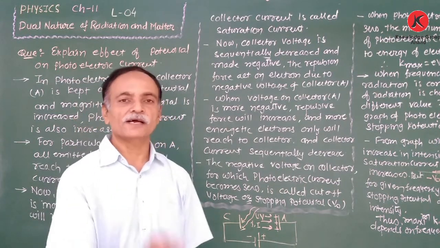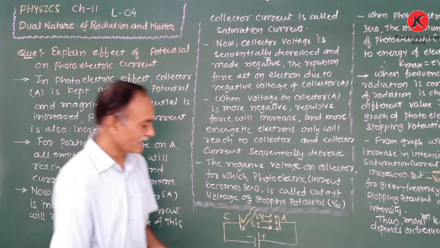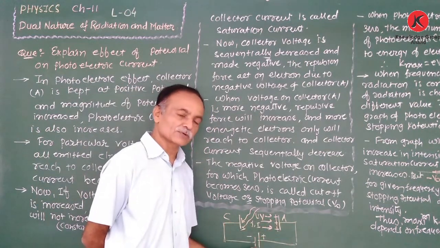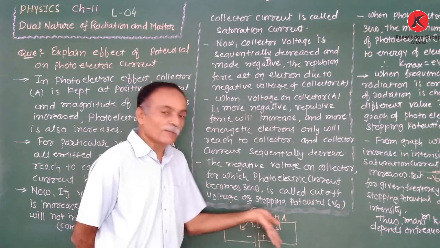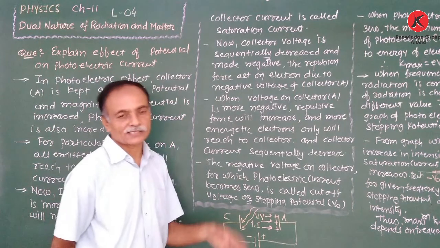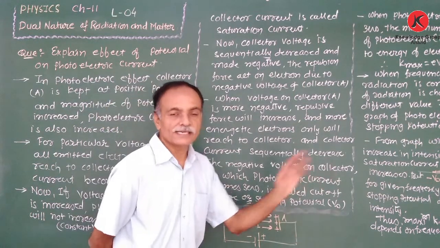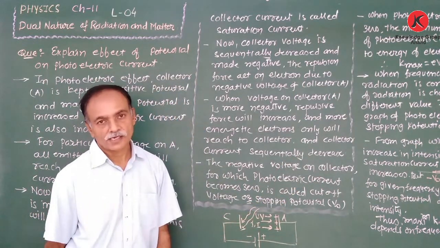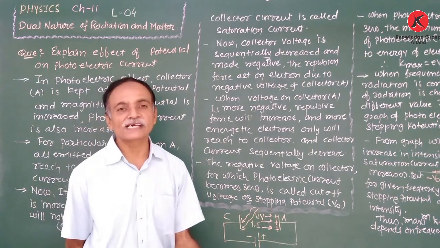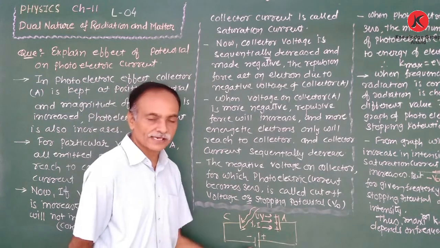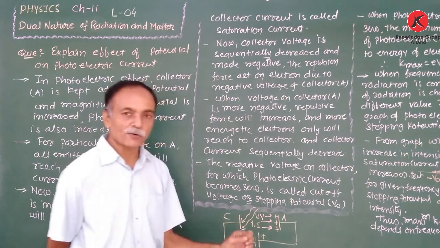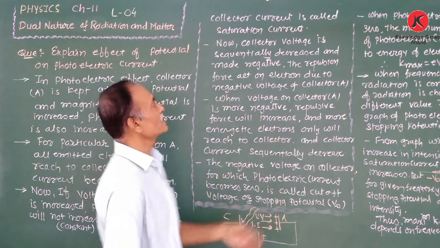Again, as the potential on A increases, the photoelectric current increases because of the greater force of attraction on the electrons emitted by the cathode. All the electrons are attracted by the anode. Now, if we further increase the potential on the anode, there is no increase in the photoelectric current. So the maximum photoelectric current is known as the saturation current.